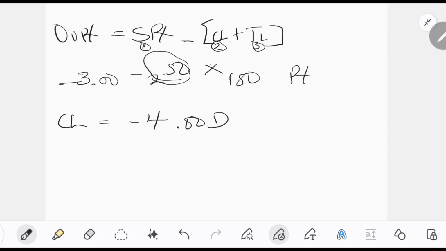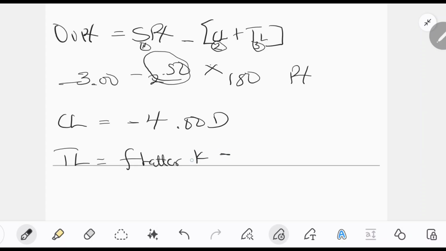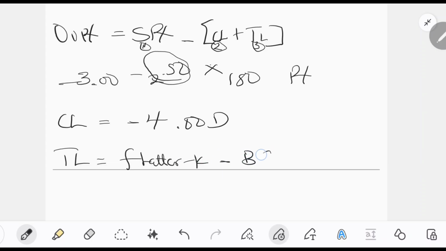Then one thing is missing here, which is the tear lens in our formula. For us to understand the tear lens, the tear lens formula is the flatter K reading minus the base curve.